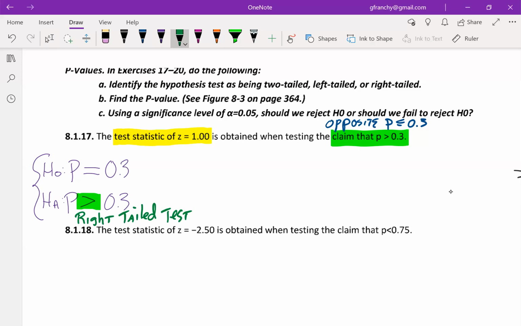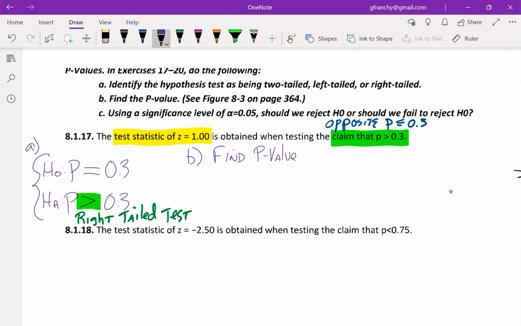So we've taken care of part A, and now part B is find the p-value. If we're going to find the p-value, there's a couple ways we could do that.